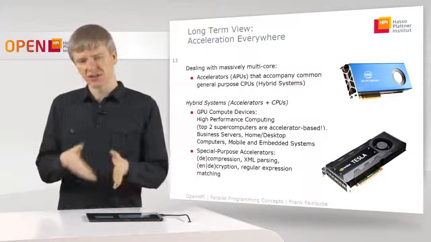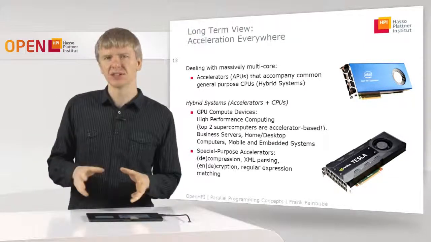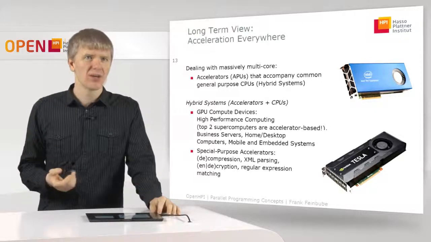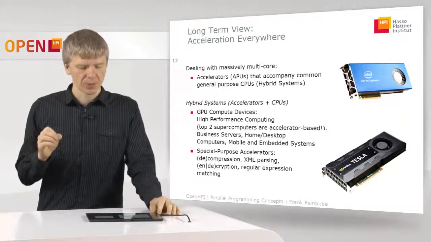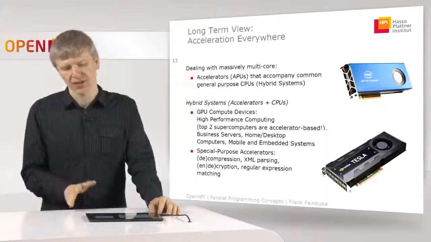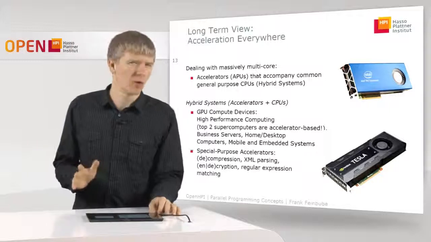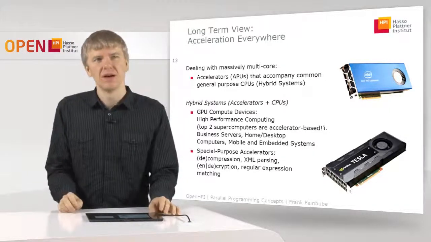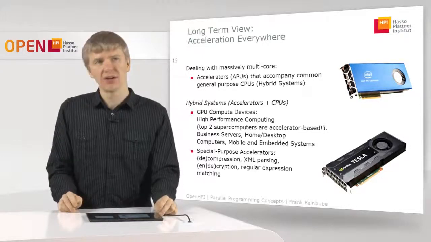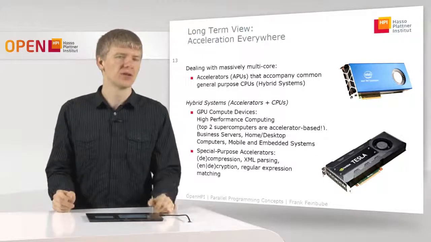Since they are specialized for one single field, you can get orders of magnitude better performance. And this way, you can build them in a way that they bypass some of the walls. We will see this in a minute. And they are already everywhere, and increasingly important for all those fields.